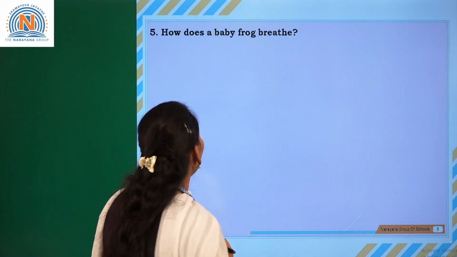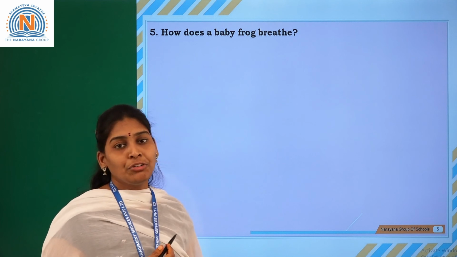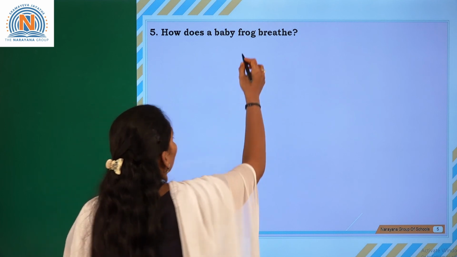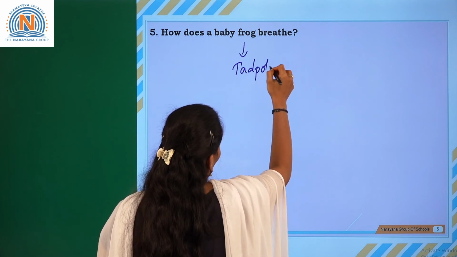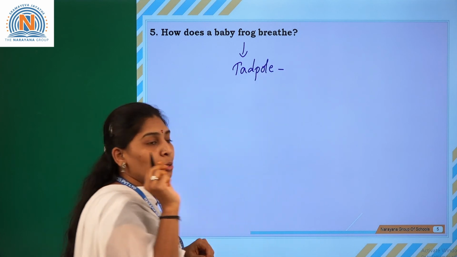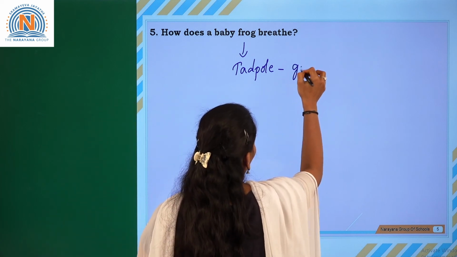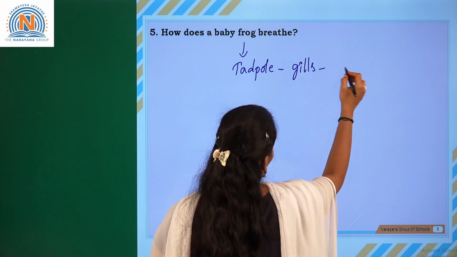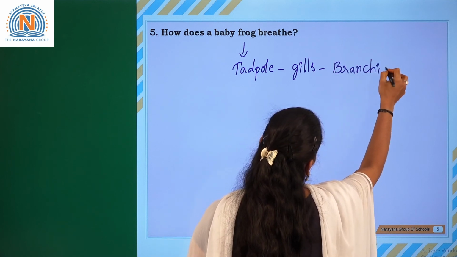The next question: how does a baby frog breathe? As we discussed in the frog question, the baby frog is called a tadpole, just like a small fish. It respires through gills, which we call branchial respiration.